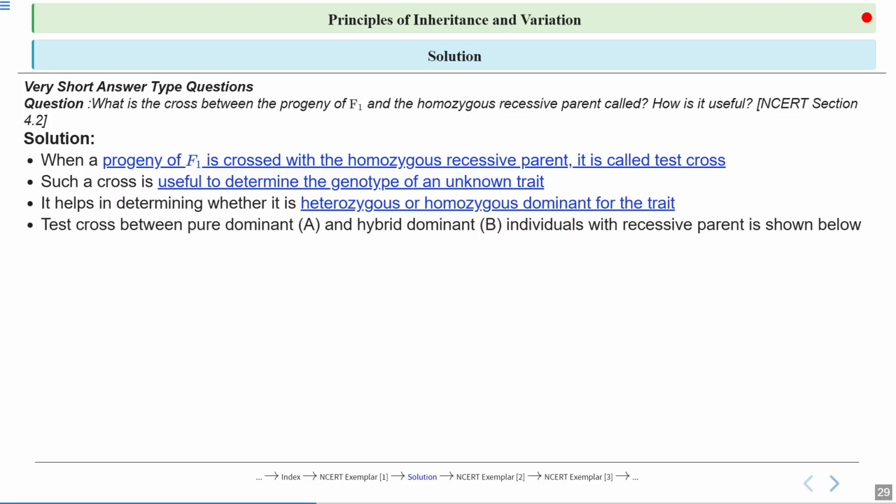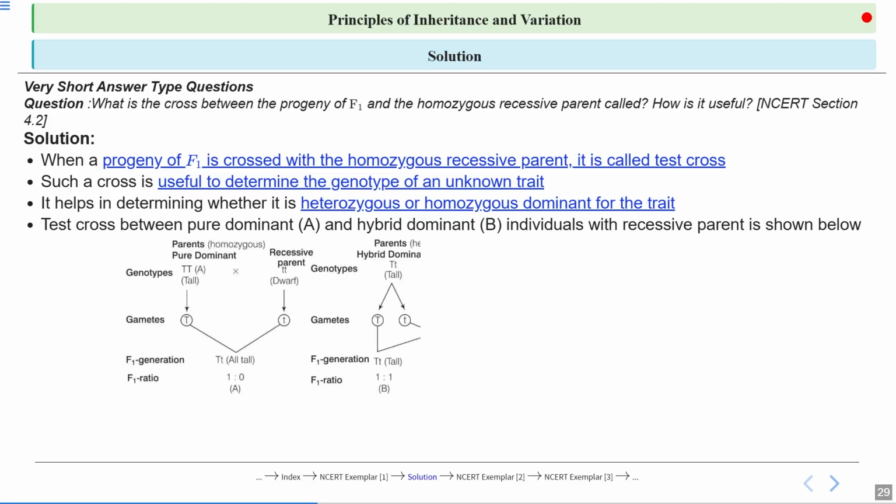Now, a cross between a pure dominant and a hybrid dominant individual with a recessive parent is shown below here. Basically, if the genotype of the dominant parent is homozygous, capital T capital T, and it is crossed with the recessive parent, then what happens?